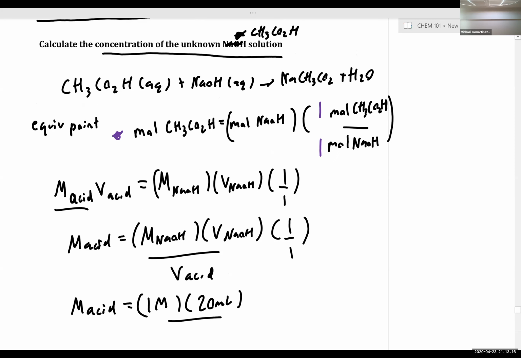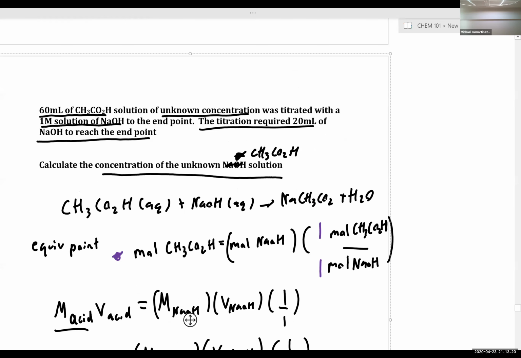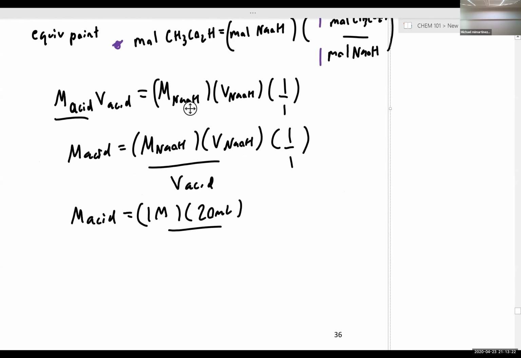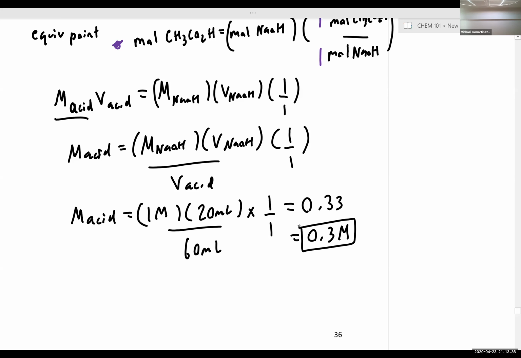And what is the volume of acid? 60. Times 1/1. And if we punch this into our calculator, we get 0.33 that we round to 0.3 molar. So did anything really change in that calculation? Does this look like something we've done before?